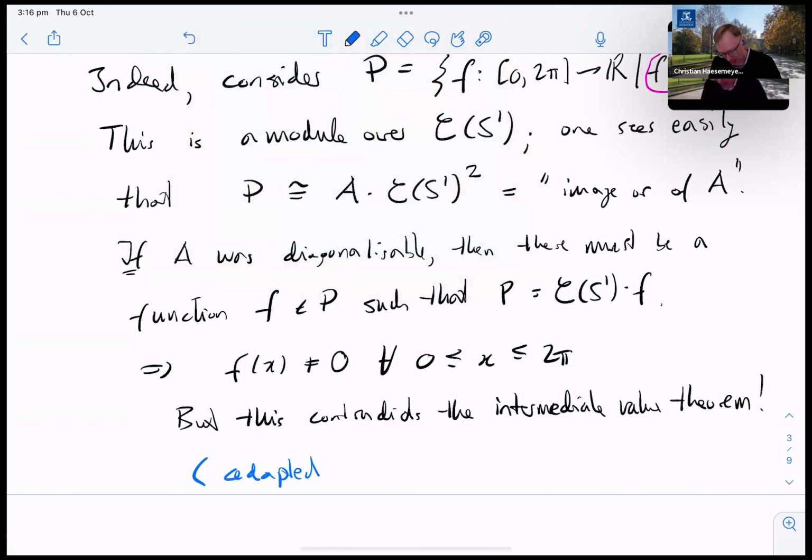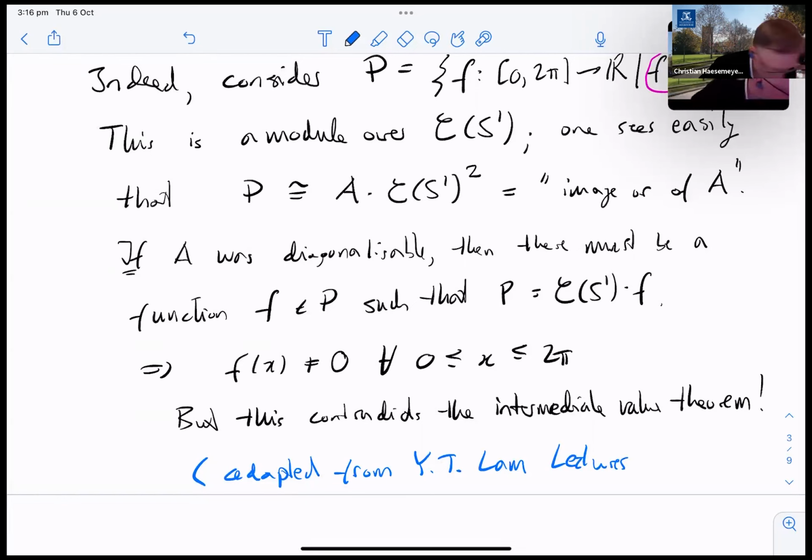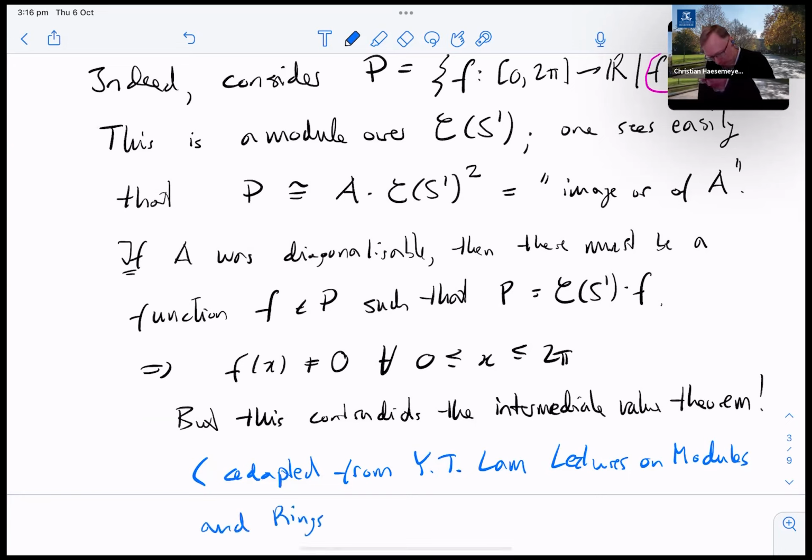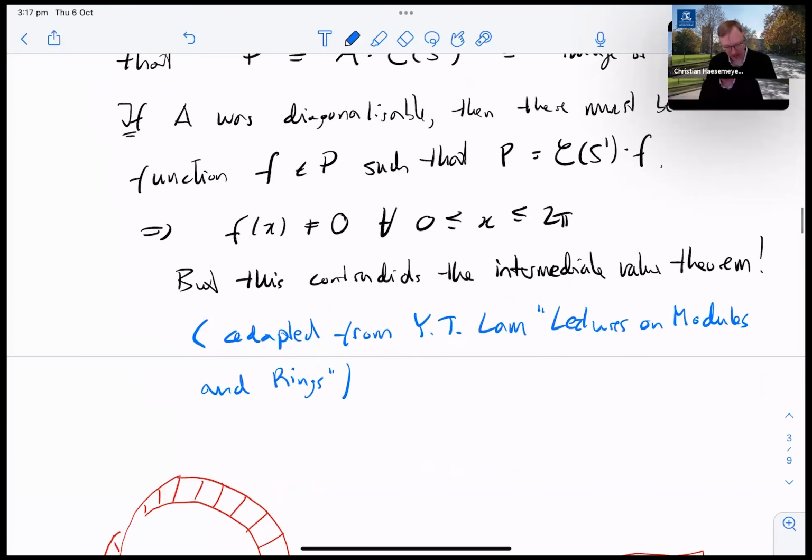It's of course an extremely well-known example, but I adapted it from T.Y. Lam's lectures on modules and rings. It's a beautiful textbook. There's an example in there that is closely related to this.